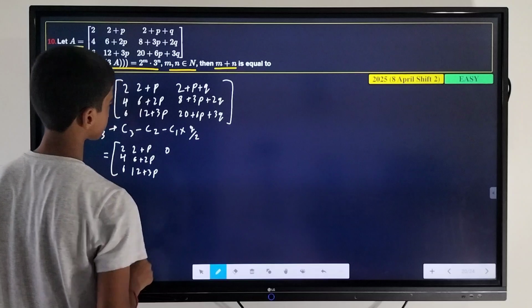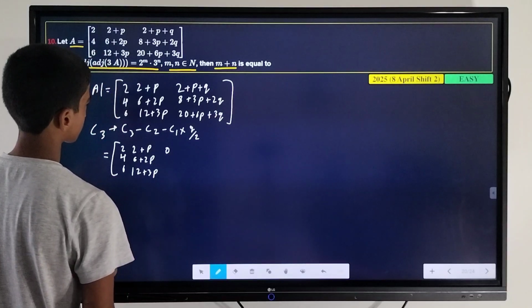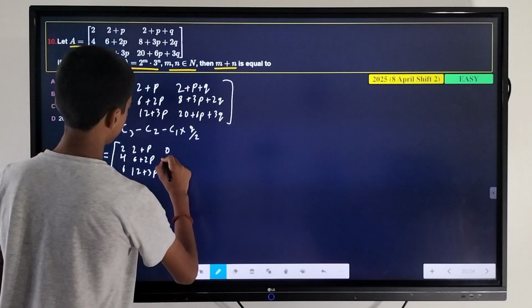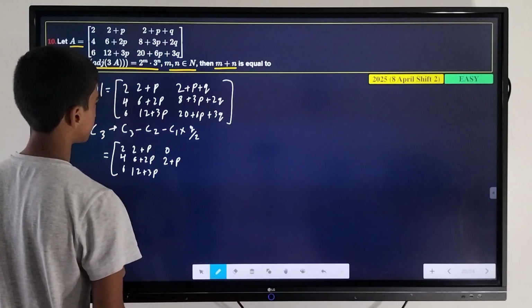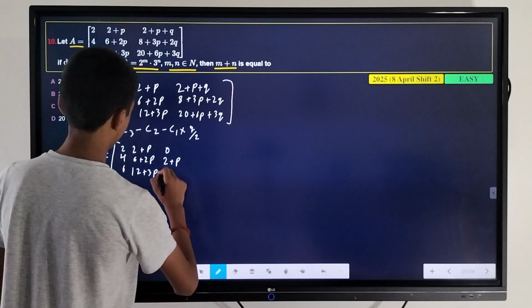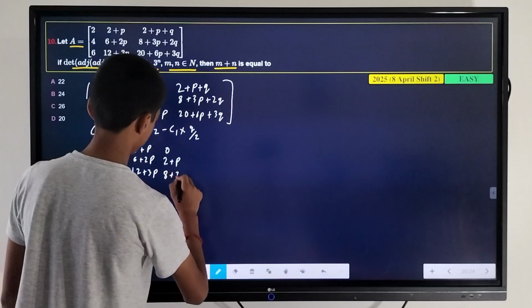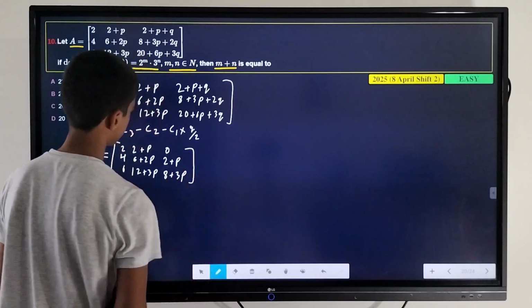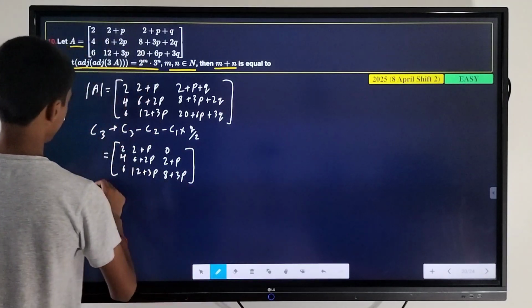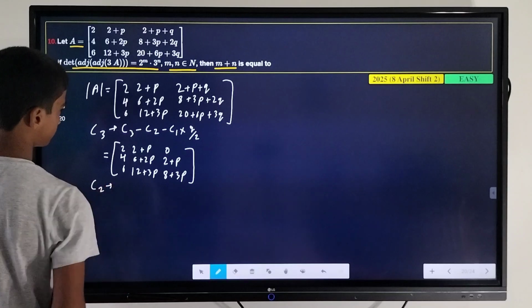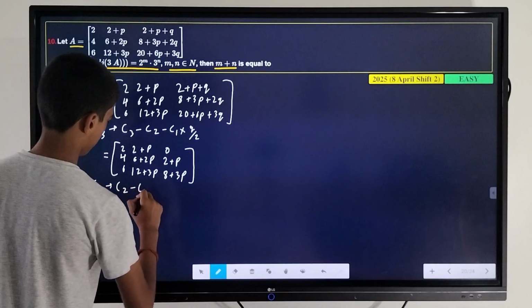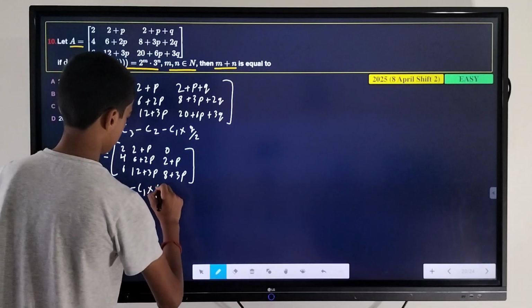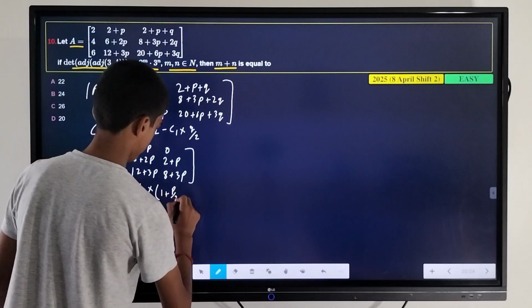0, 2 plus P, and 8 plus 3P. Now in column 2, we will subtract column 1 into 1 plus P by 2.